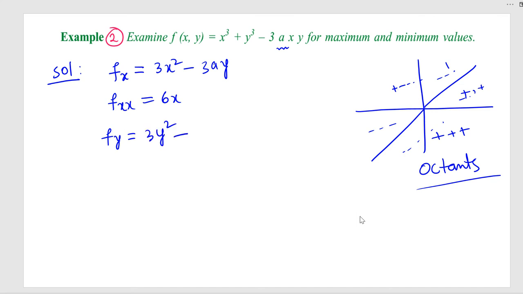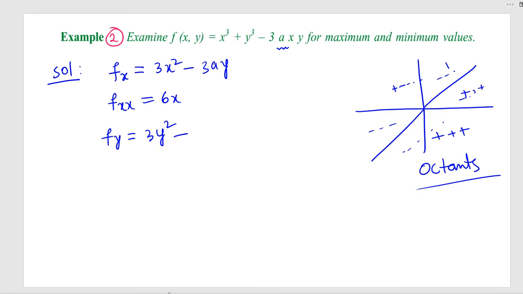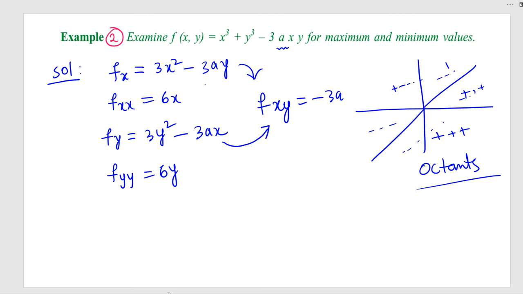So 3y square minus 3ax. So we calculate fyy. So this becomes 6y. Not only that, we need to calculate fxy. So you differentiate with respect to y, then it becomes minus 3a. And if you calculate fyx, again you get minus 3a. So these two are equal, so we don't have to worry about it.